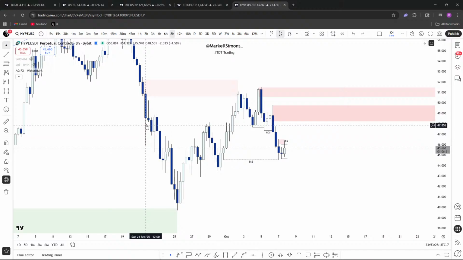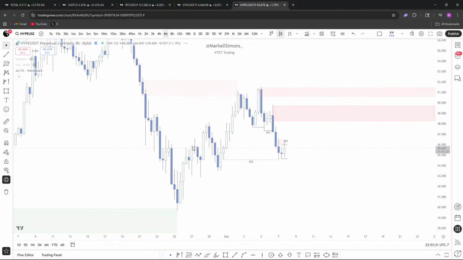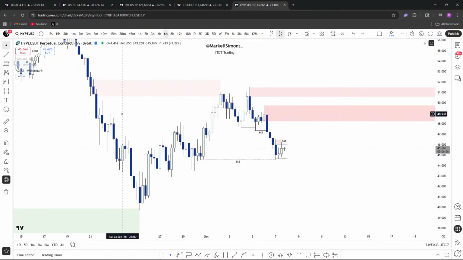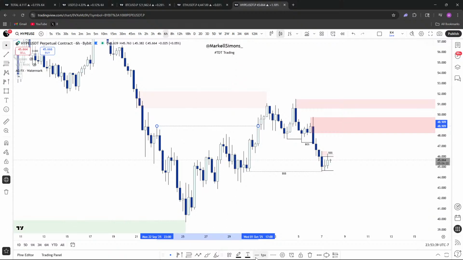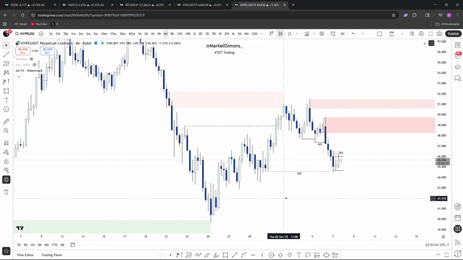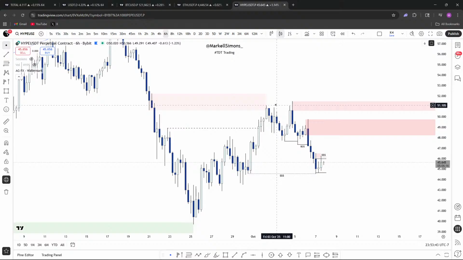So on the 8-hour, no, 6-hour. Okay, so this would have been our 6-hour market structure lower high. With that being our lower high, this will be our range high, our range low.